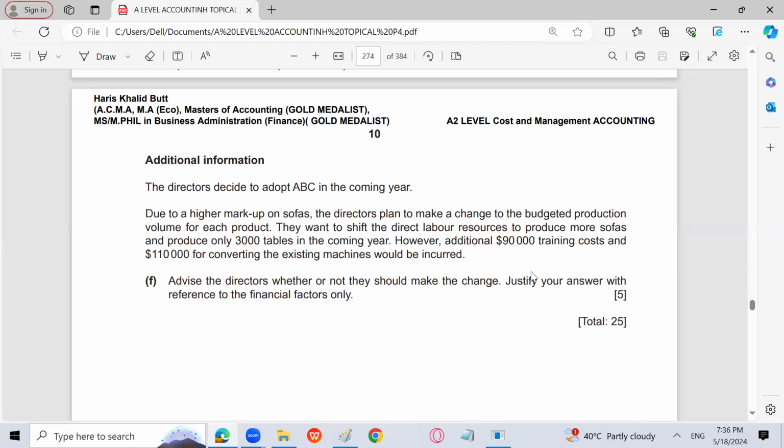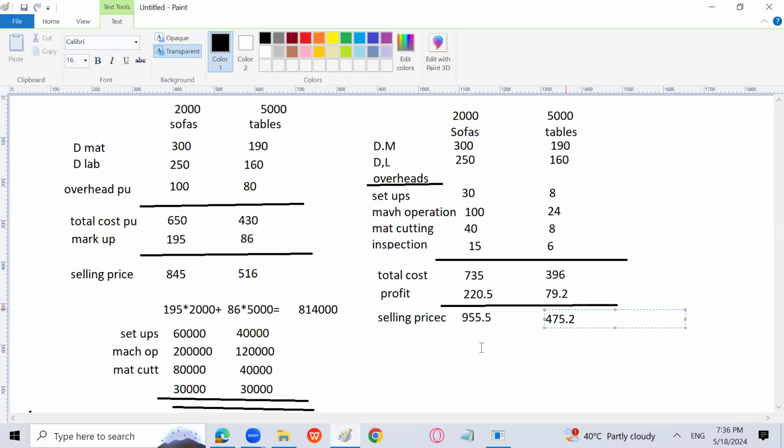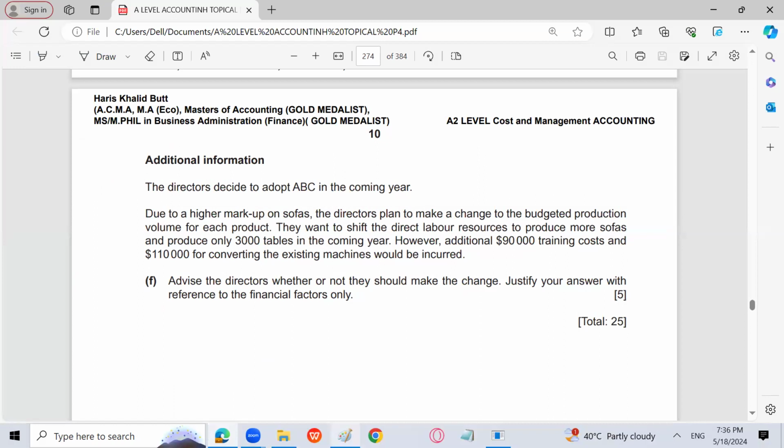And what we are doing, we are basically finding the profit again, and we are going to advise the director whether or not we should go for the change. Justify your answer with reference to the financial factors only. That means you need to go for the calculation only. So let's see. Now we are going to produce how many units of tables? 3,000, and the remaining hours are going to be utilized for sofas.